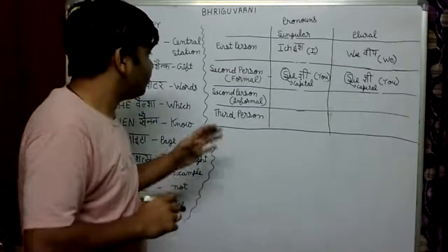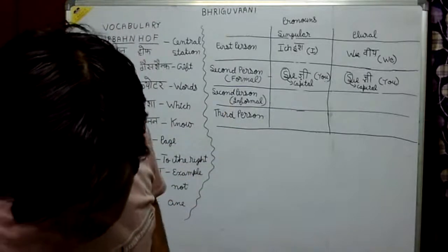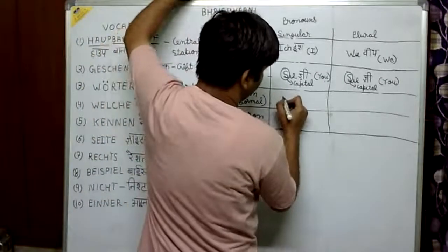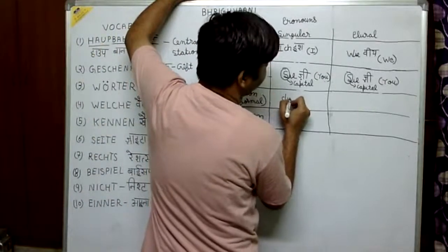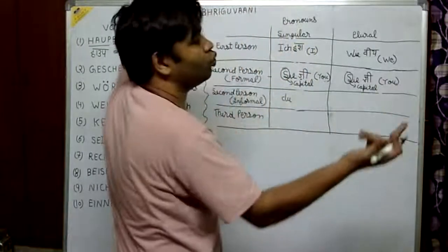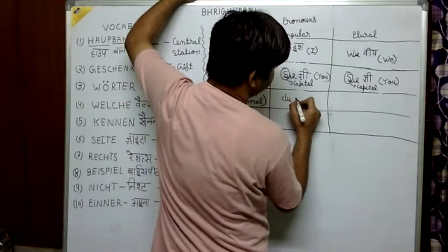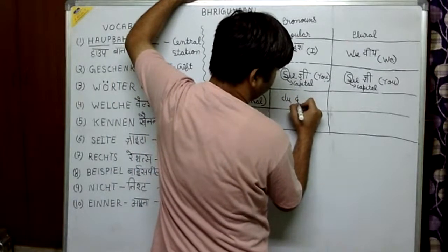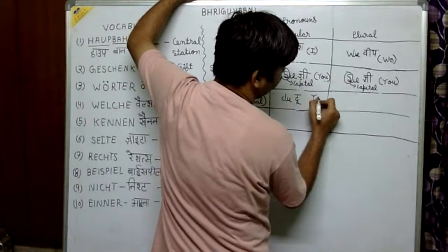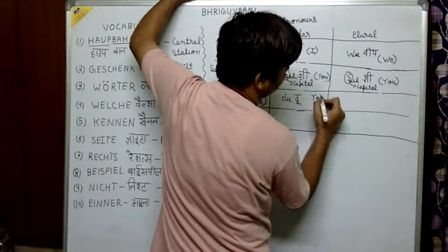Now look. In case of second person, when the second person is informal, then we say du. In Hindi we say tu. So this means du.